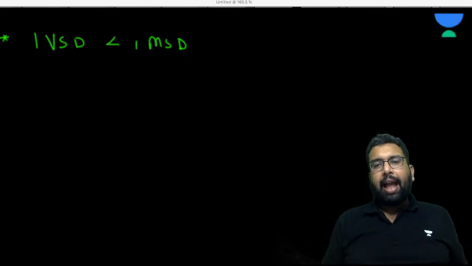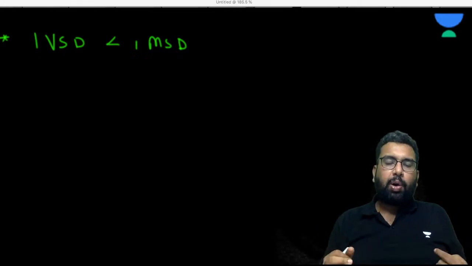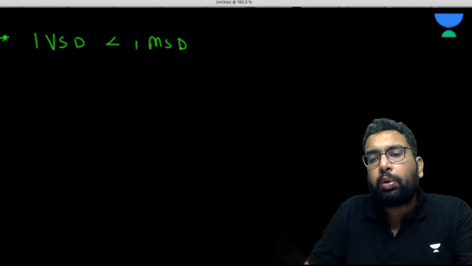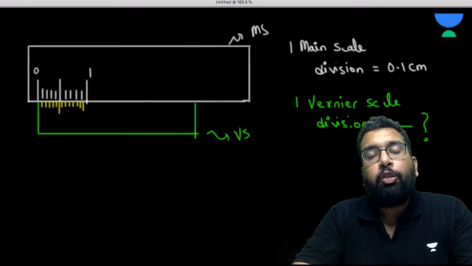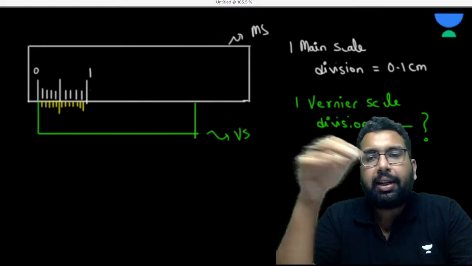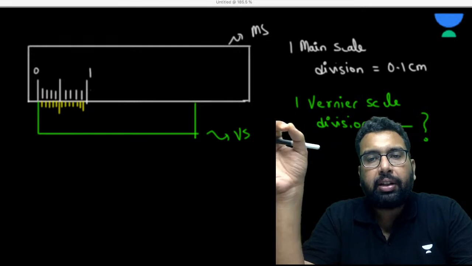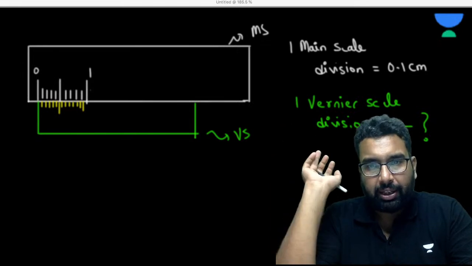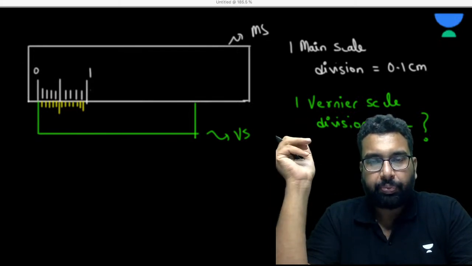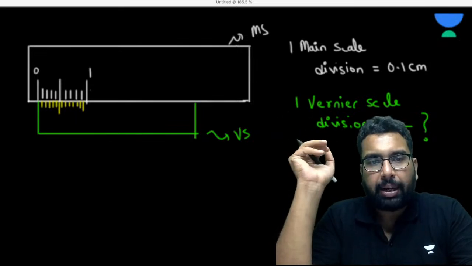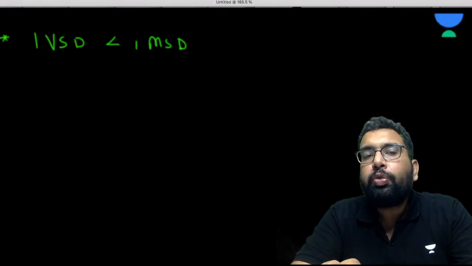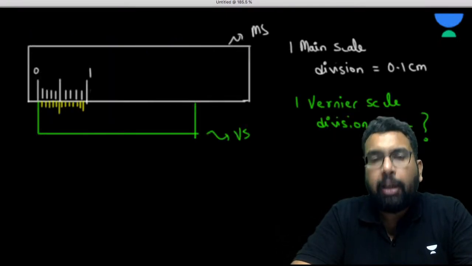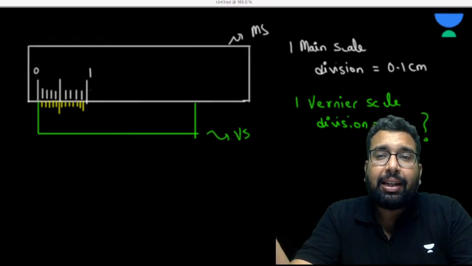Now if you observe, see what happens. First of all, we need to know what the vernier scale division signifies. As the main scale division is equal to 0.1 centimeter, what does one vernier scale division signify? This is something we must know, otherwise we cannot make the measurement. One vernier scale division is obviously less than one main scale division, because the main scale is like a meter scale.